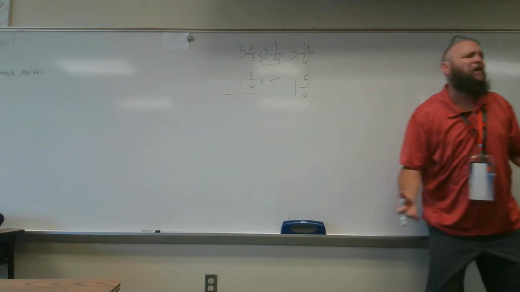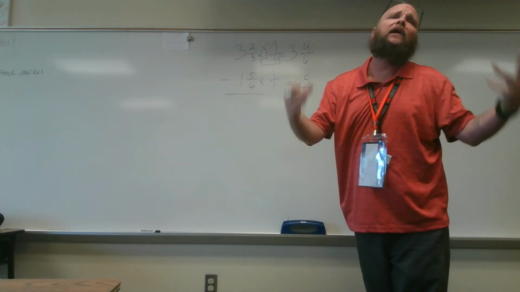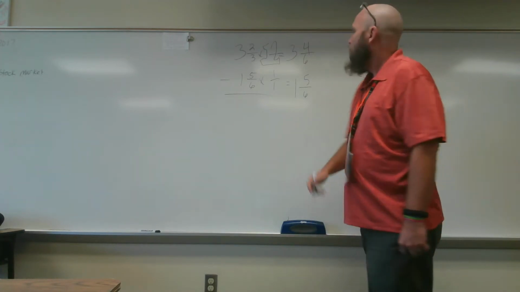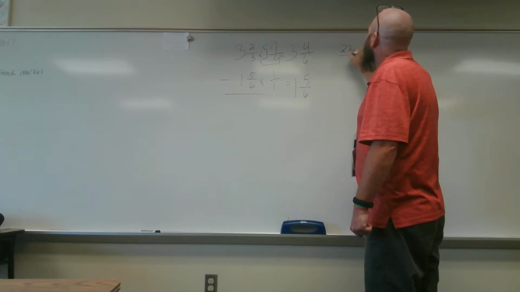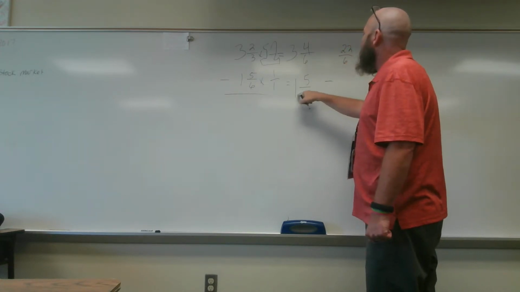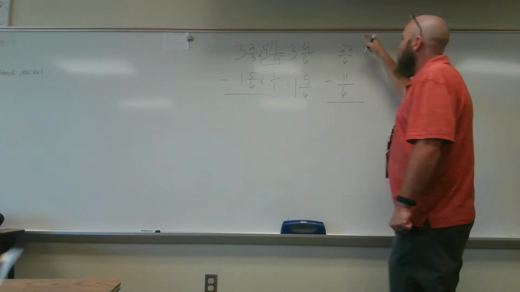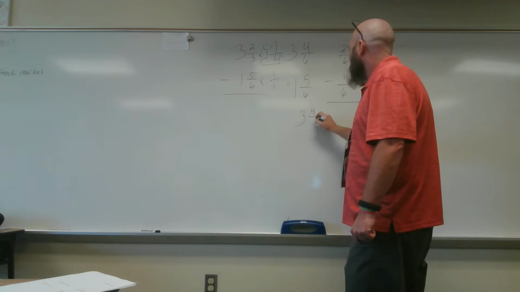I can't take away 4/6 minus 5/6, so I need to change this to an improper fraction. 6 times 3 is 18 plus 4 is 22/6. Subtract 6 plus 5 is 11/6.